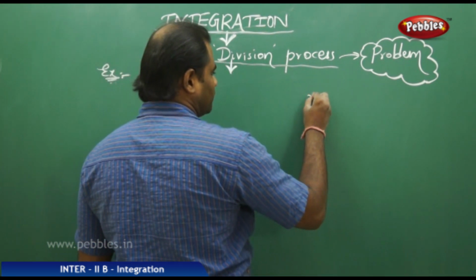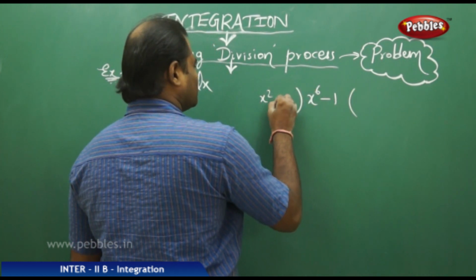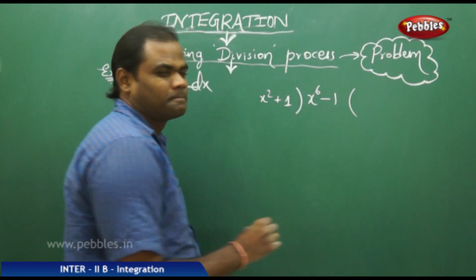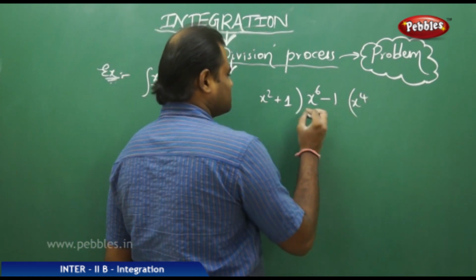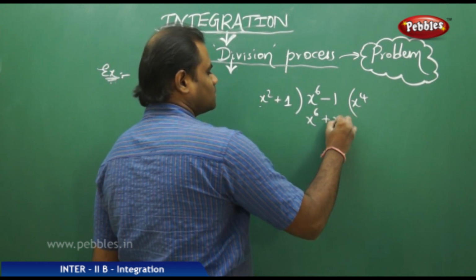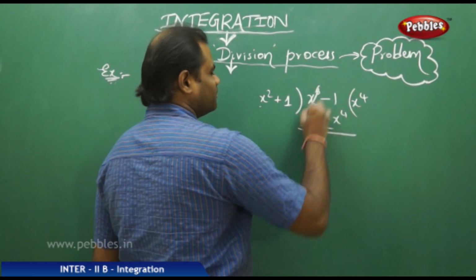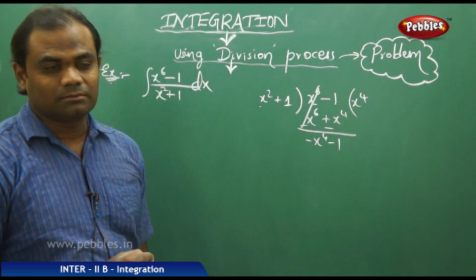So let's divide the polynomial with x squared plus 1. Now clearly, when x squared plus 1 is multiplied with x power 4, it gives x power 6 plus x power 4, which on subtraction gives minus x power 4 minus 1.